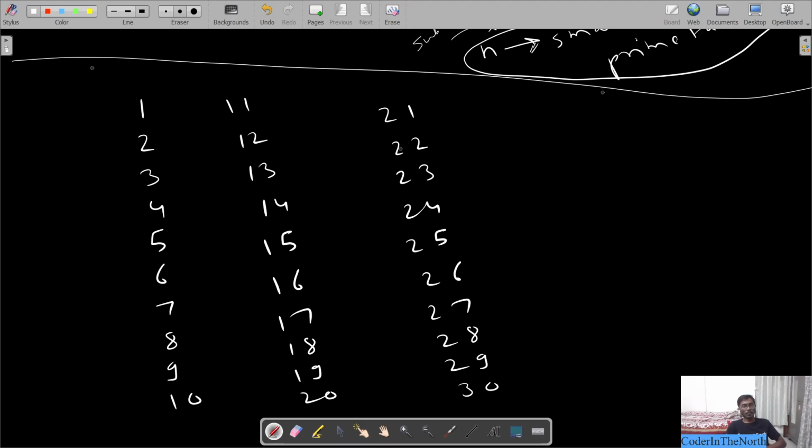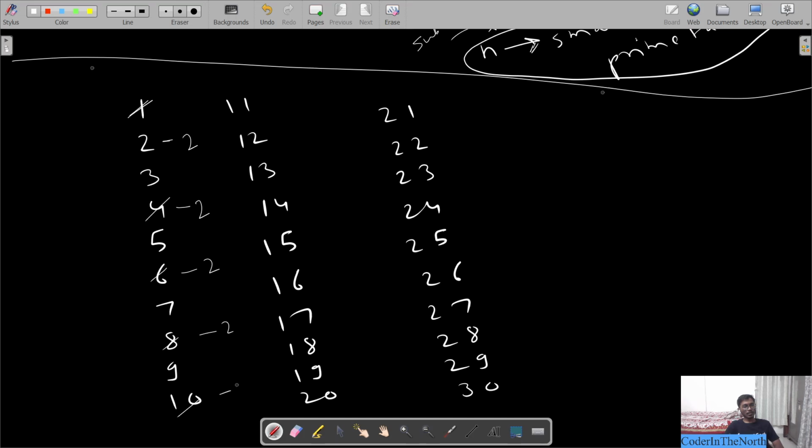So what we saw last time, one is not prime. For 2, what's the smallest prime factor? 2 itself. For 4, it's 2. For 6, it's 2. For 8, it's 2.